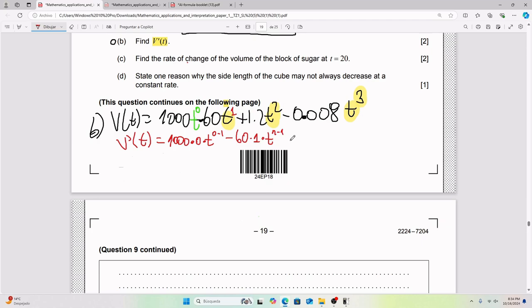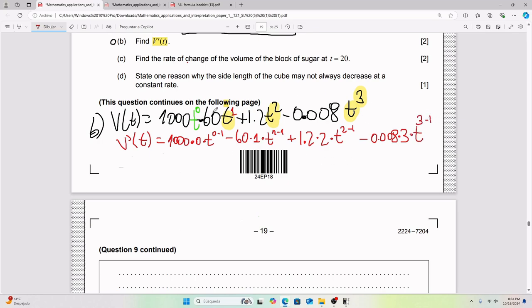For this next term, we end up with plus 1.2 times 2 times t to the power of 2 minus 1. And for this last term, we end up with 0.008 times 3, because this 3 is now multiplying in front, times t to the power of 3 minus 1.